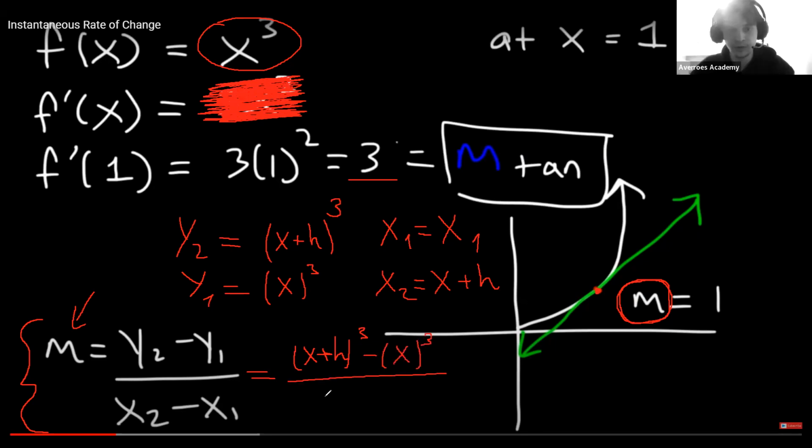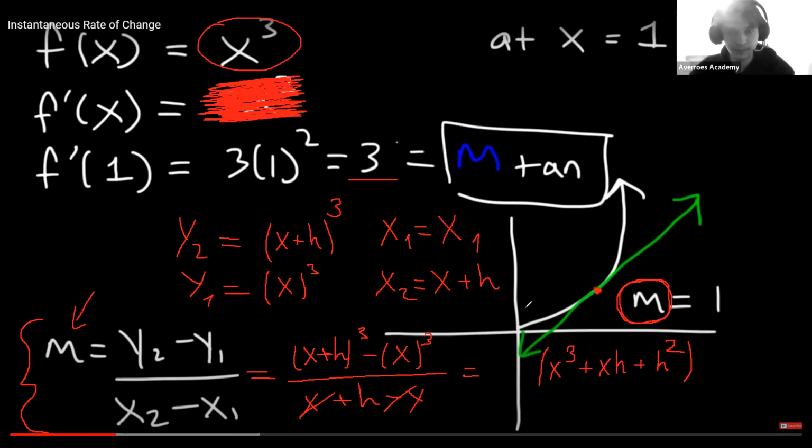So our formula is going to look like this. (x plus h) subtract x. Simplifying it, expanding the top part. We already know that we're going to have something like x to the third power plus x times h plus h squared.